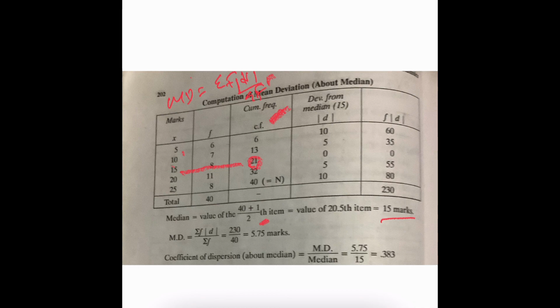Mean deviation about median is equal to summation of f d modulus divided by summation of f. So the summation of d modulus is 230 divided by the summation of f, which is 40, so it will be 5.75 marks. Your mean deviation about median is 5.75 marks.